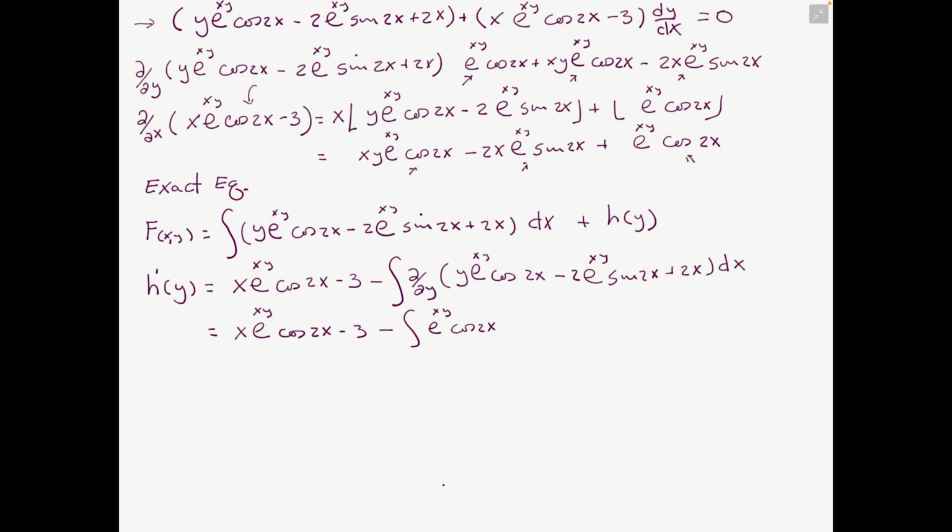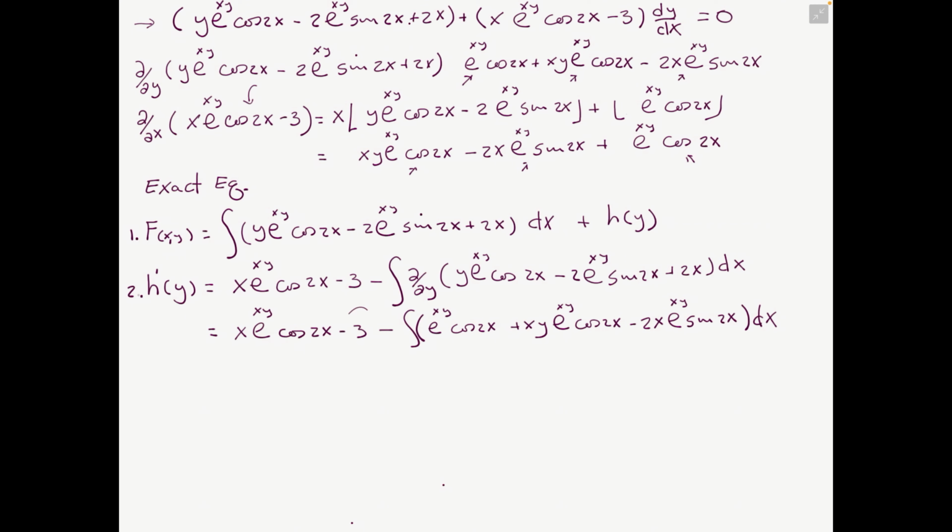And since we've already taken that partial derivative, we have x e to the xy cos of 2x minus 3 minus the integral of e to the xy cos 2x plus xy e to the xy cos 2x minus 2x e to the xy sine of 2x dx.